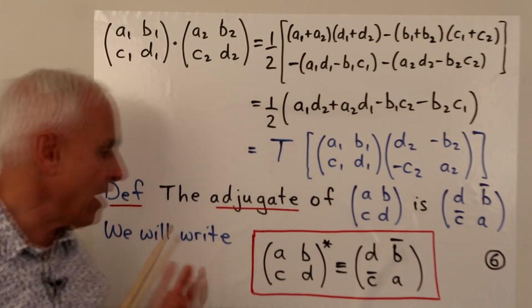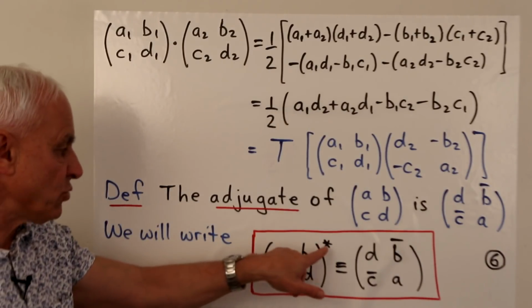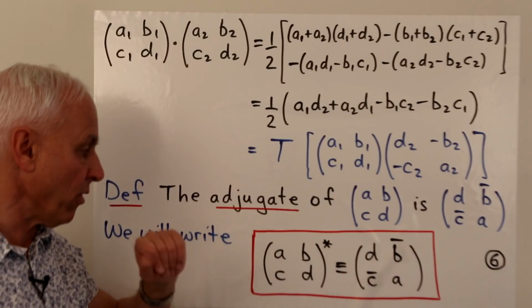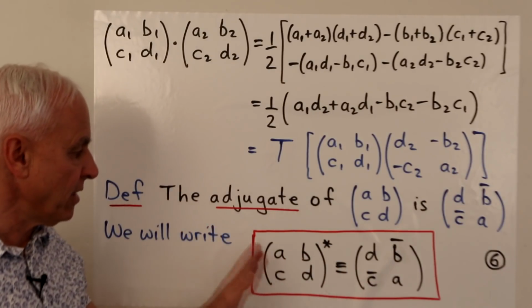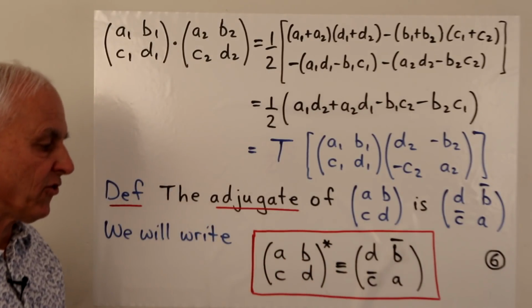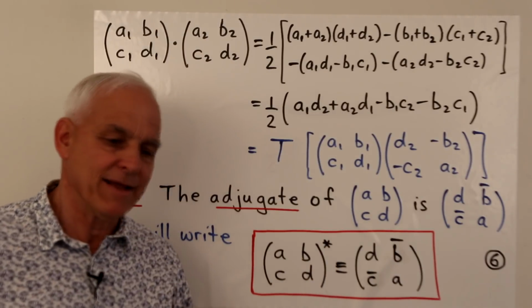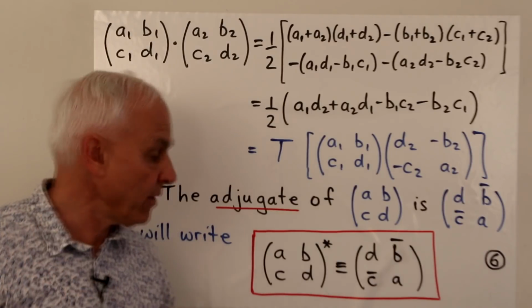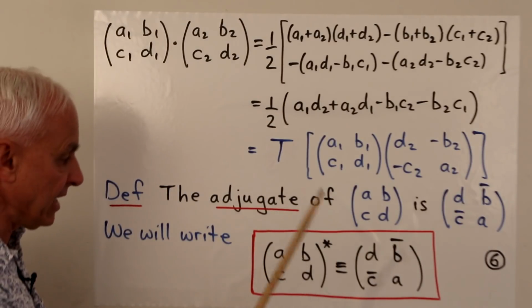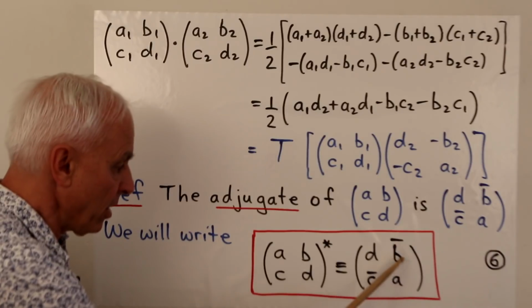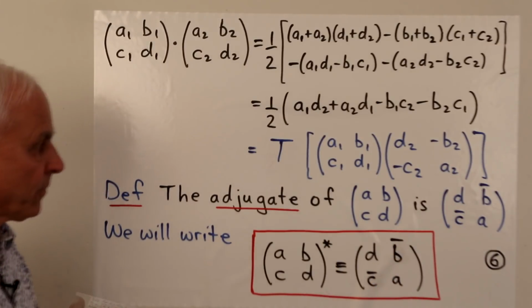And that's a bit unfortunate. But in any case, we're going to use star here. It's really going to be important for us. This is such an important operation on 2x2 matrices, and so we're elevating its importance by giving it this star name. Okay, so the star of A, B, C, D is D, B bar, C bar, A.